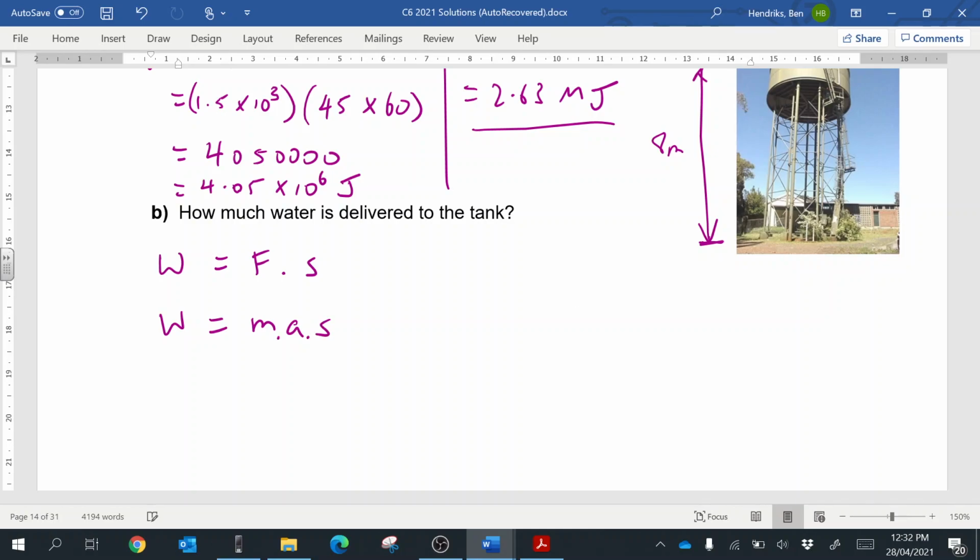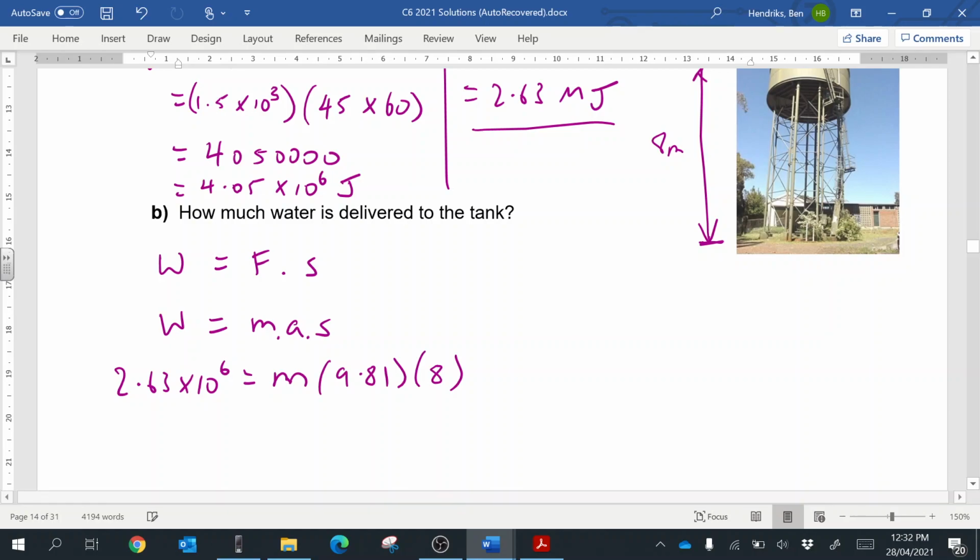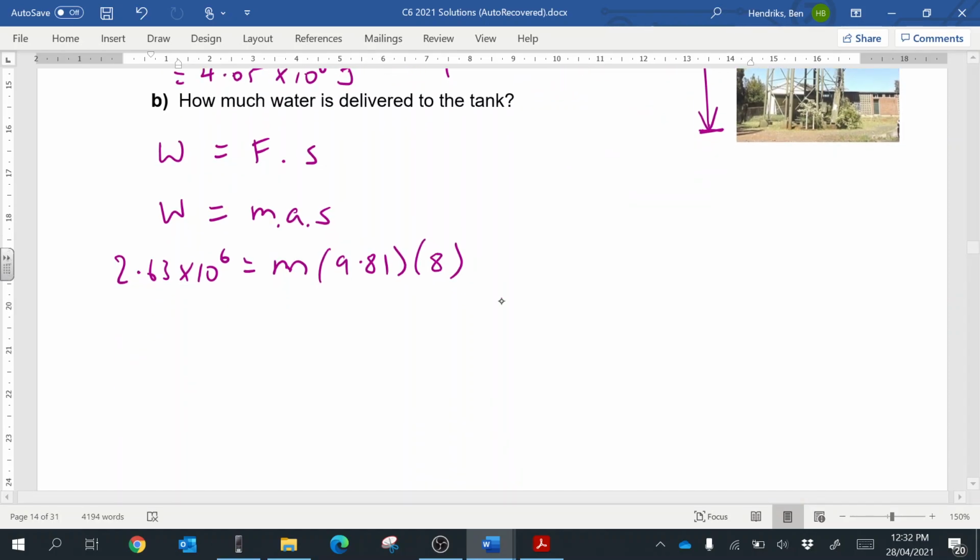So we have 2.63 times 10 to the 6 here for our work. Mass, we're not sure how much our mass is. We know that the acceleration that it has to overcome is gravity, so it's 9.81, and it's going to be 8 meters high. So then mass is equal to 2.63 times 10 to the 6 divided by 9.81 times by 8.